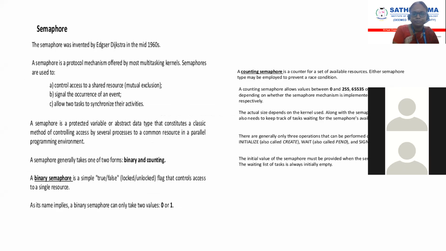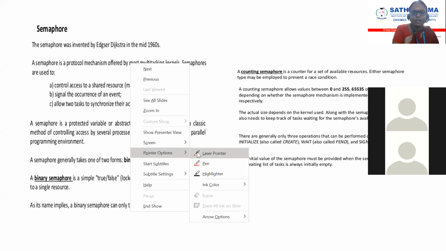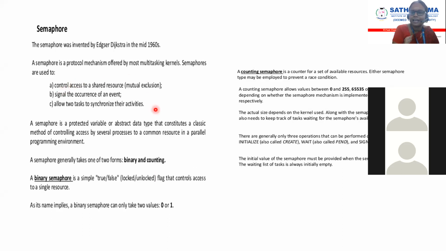A protocol mechanism, for the multitasking kernel. Actually, there are three purposes of a semaphore. One is mutual exclusion. What is mutual exclusion?